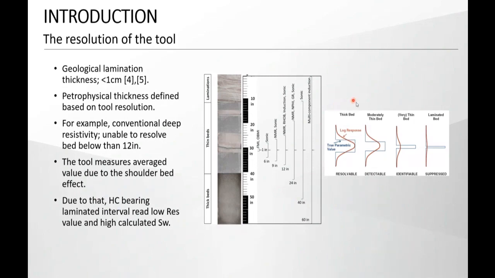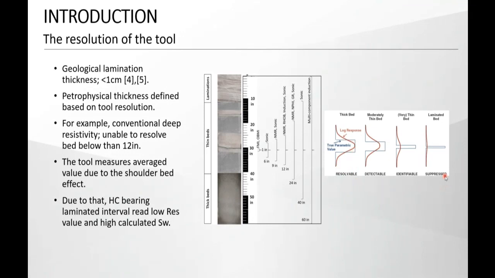Here in this picture, you can see, for example, this is what we call resolvable. It means the log response that comes from the tool is almost one-to-one compared to the true value. This is a mathematical model, but this is what they try to showcase here.